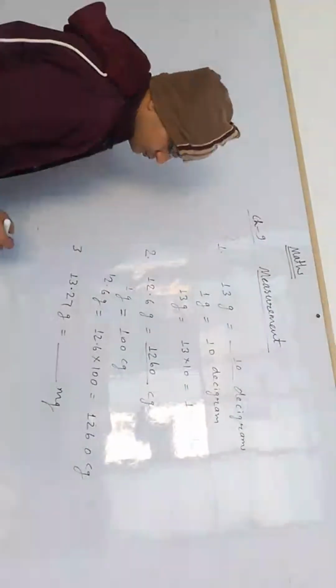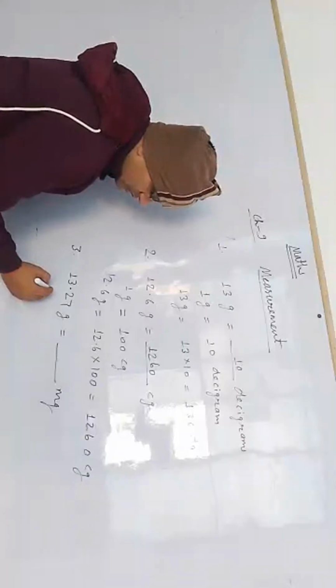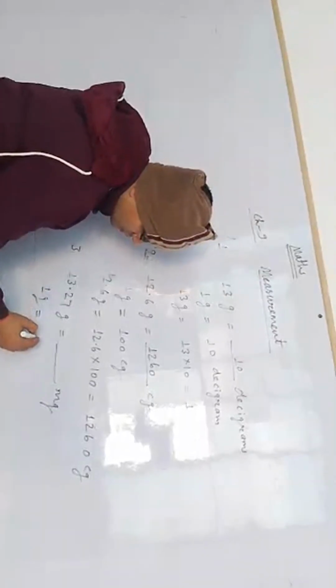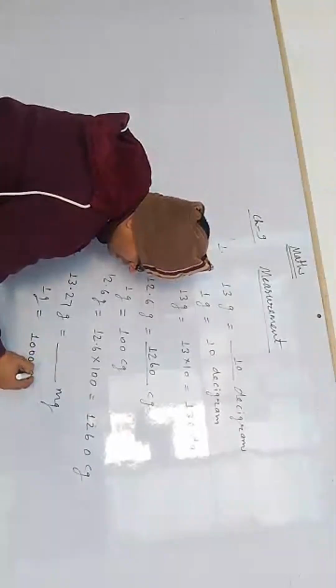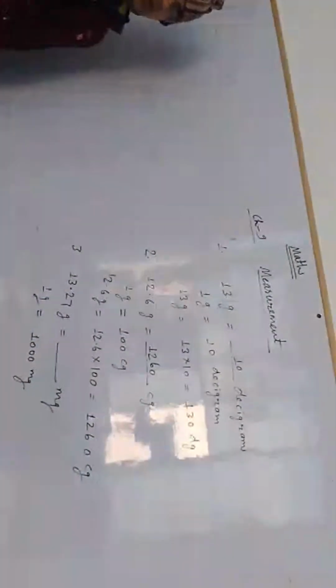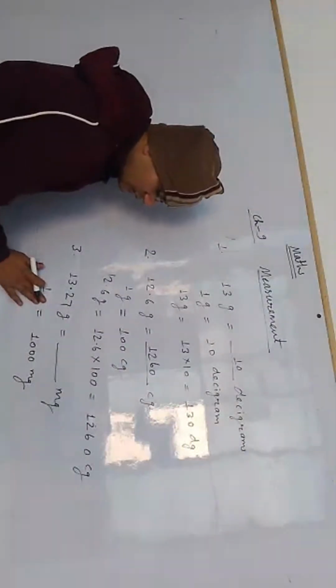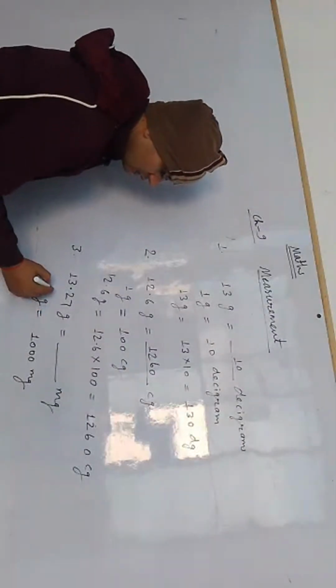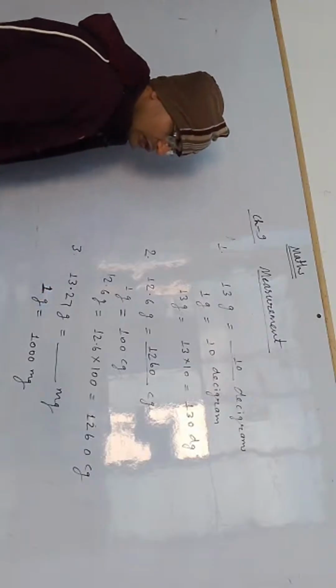Okay, 1 gram is equal to 1000 milligram. Your hint is here. Okay students, I am giving hint. 1 gram is equal to 1000 milligram.